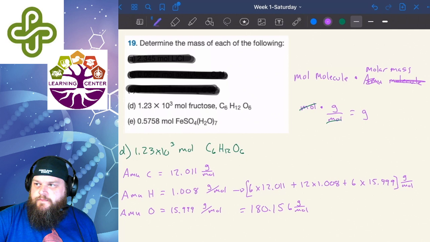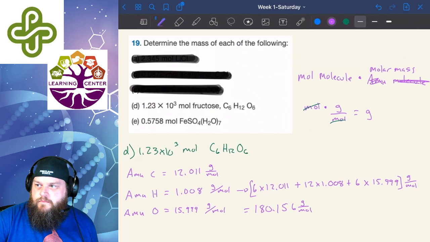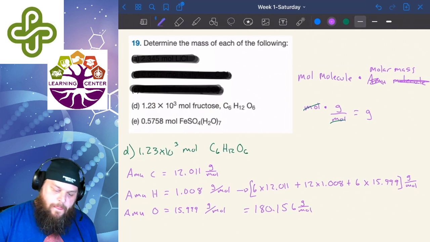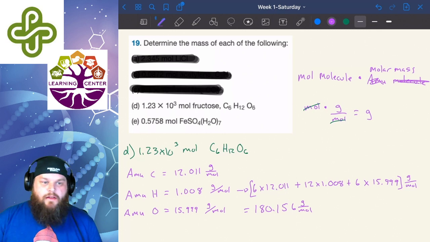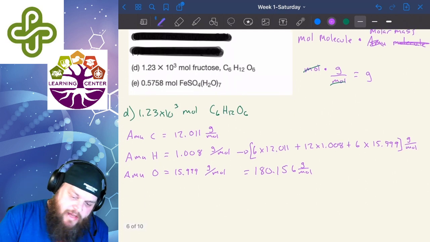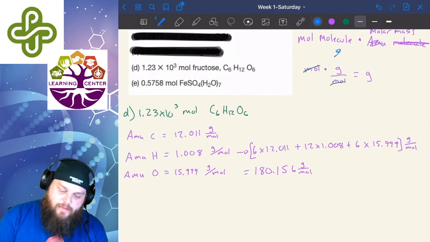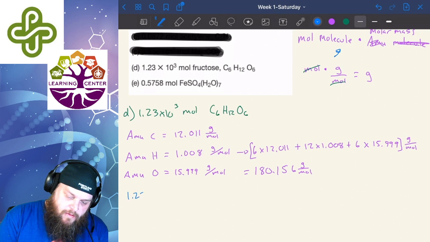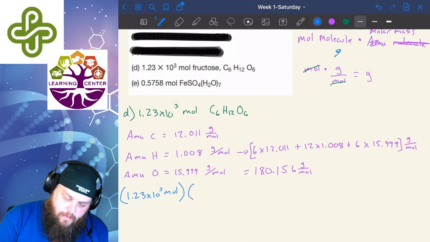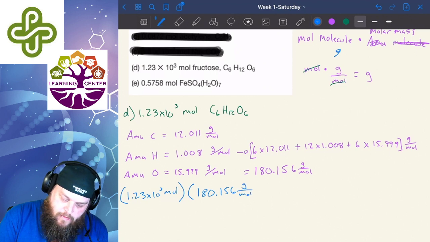Now that we have that, we can determine the mass based on this number of moles. Just like we said up here, we're just multiplying the moles times the molecular mass. 1.23 times 10 to the third moles, multiplied by 180.156 grams per mole.